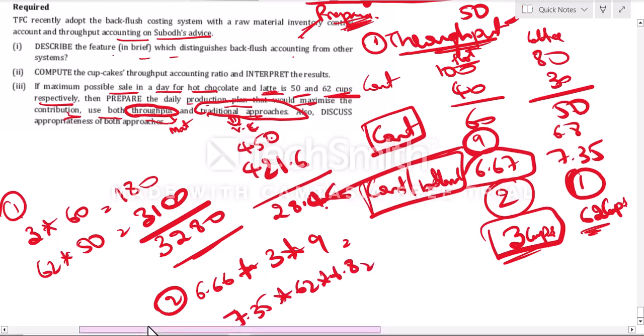So 6.66 into 3 into 9 is 179.82; 6.67 into 3 into 9 is 180. Next, 7.35 into 62 into 6.8 is 3098.76. So round figure 3100.